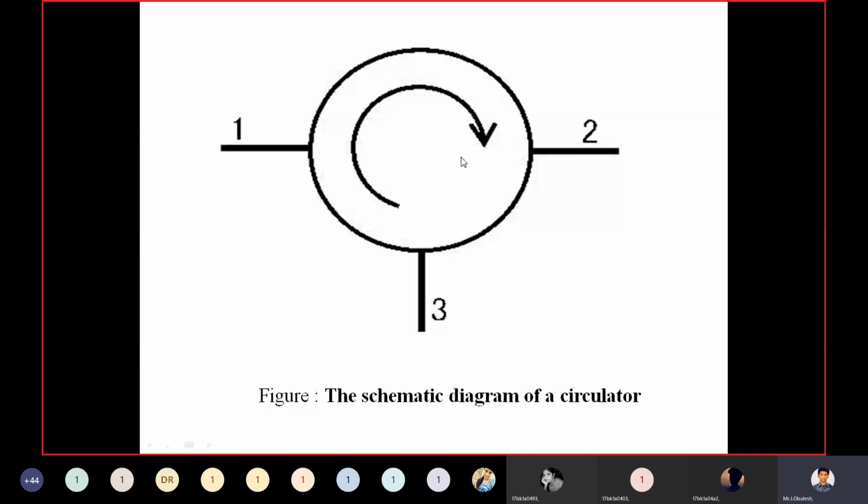Which means from the schematic diagram, the arrows within the circulator signify the direction of the magnetic field.